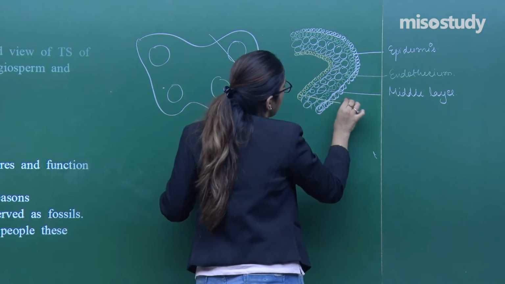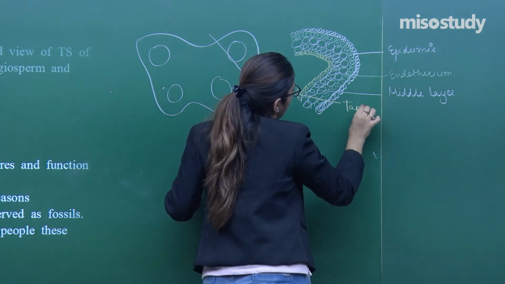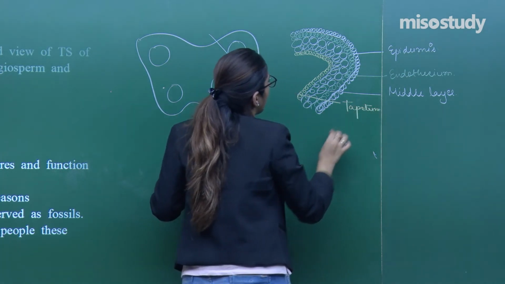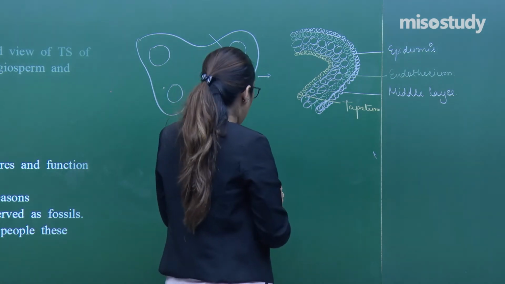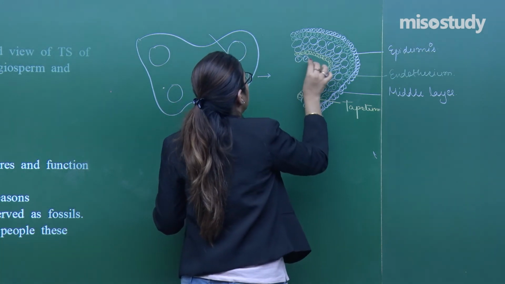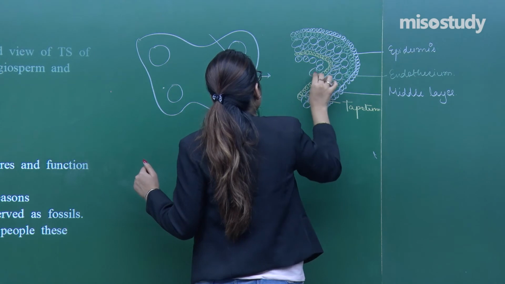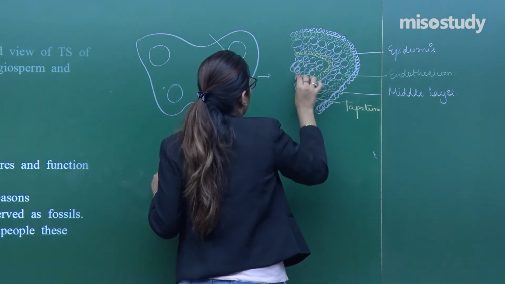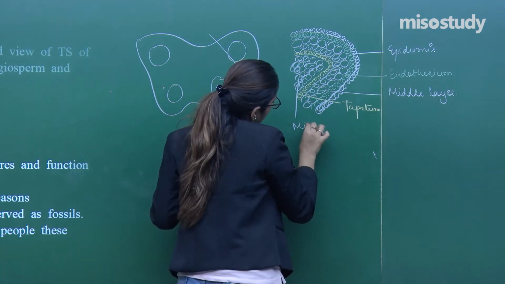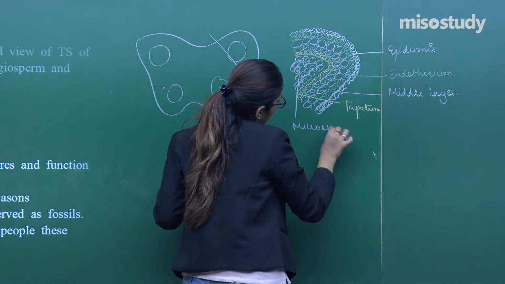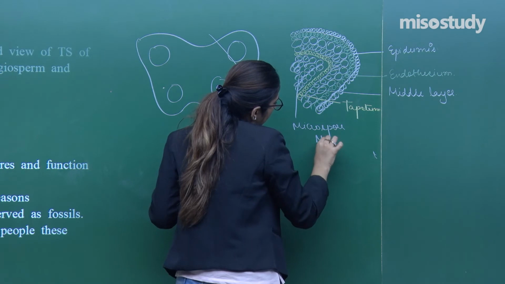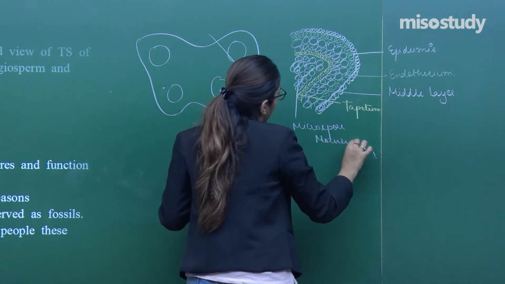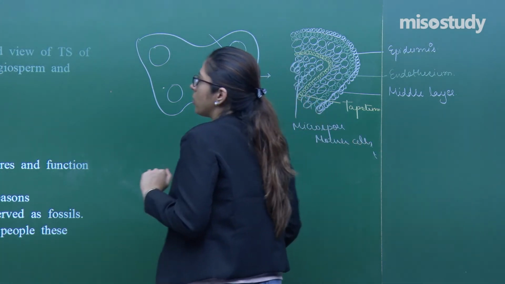This layer is called the tapetum, right? Towards the inner side, these microspore mother cells are present. Now come back to the question.